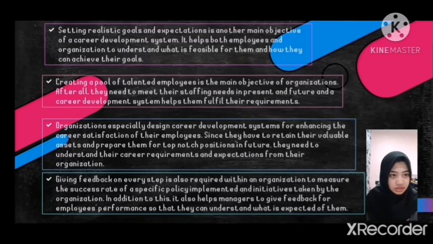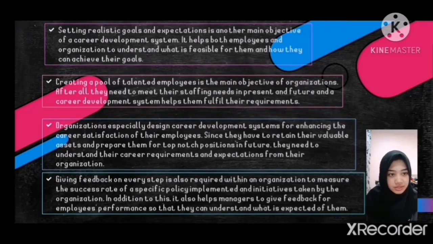Organizations especially design career development systems for enhancing the career satisfaction of their employees, since they have to retain their valuable assets and prepare them for top-notch positions in future. They need to understand their career requirements and expectations from their organization.